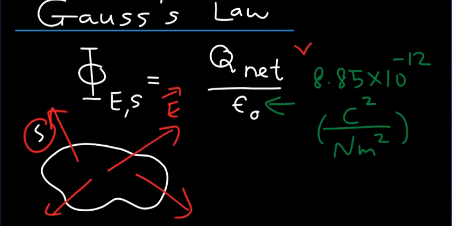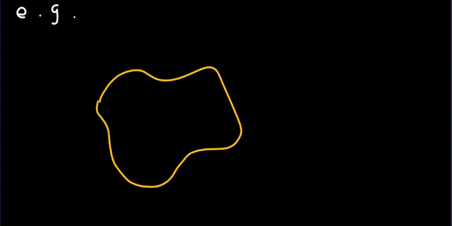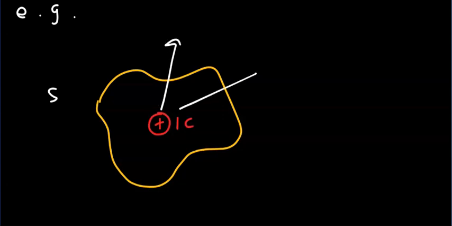So it's directly dependent on the net charge contained within the surface S over epsilon naught. As an illustration, let's look at this closed surface S. Let's say initially you have one positive charge with magnitude 1 coulomb. This positive charge would obviously create an electric field like that.